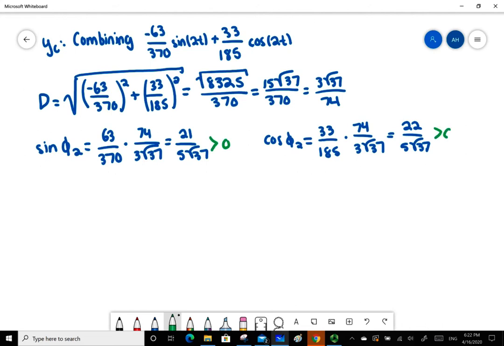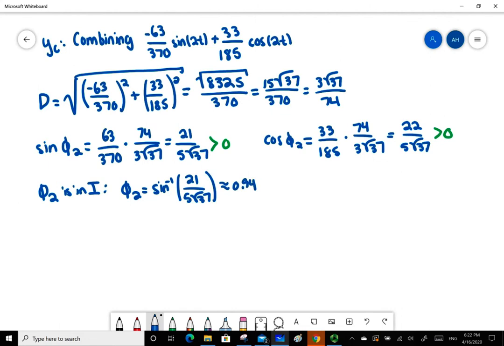Since both the sine and cosine are positive, phi 2 is in quadrant 1, so phi 2 can be calculated as just the inverse sine of 21 over 5 square root of 37, which is approximately 0.94.